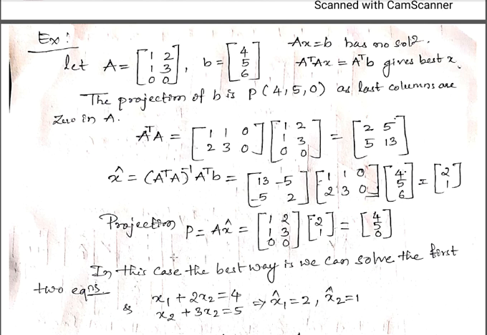Means the projection is A x cap, and to find the projection we need to know the value of this x cap. They are the possible solutions, obtained by this x cap. Even though this matrix is 3 by 2, as the last row is 0, we have only 2 equations out of this.